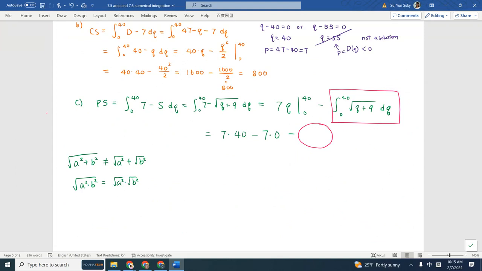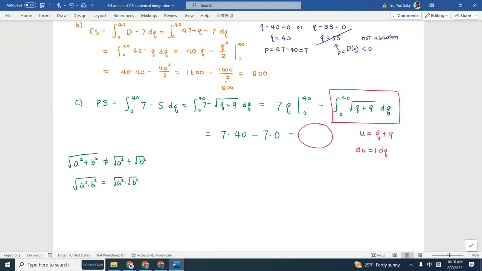So we let u be what? Yeah, Q plus 9. Then what's du? Q is the variable. What's the derivative of Q? It would be 1, so du is 1 dQ.